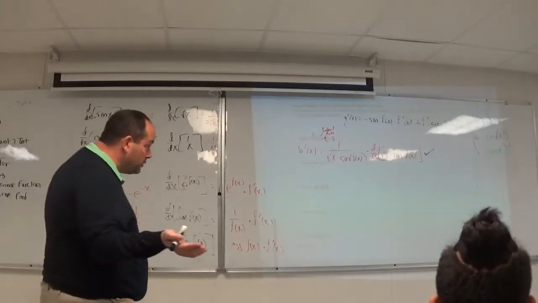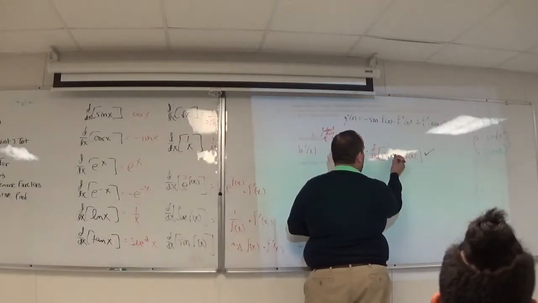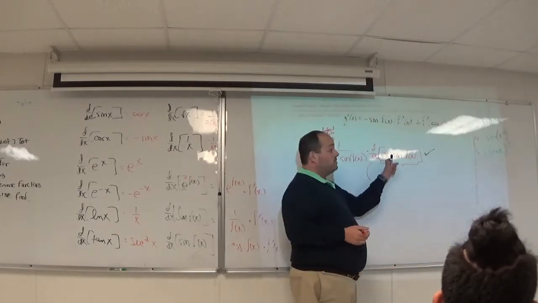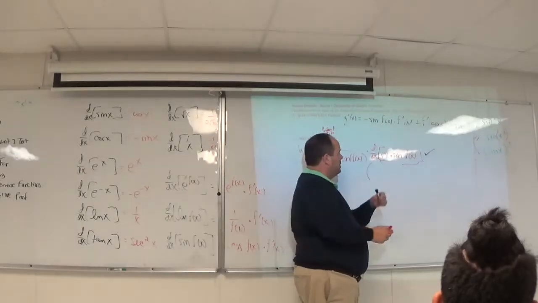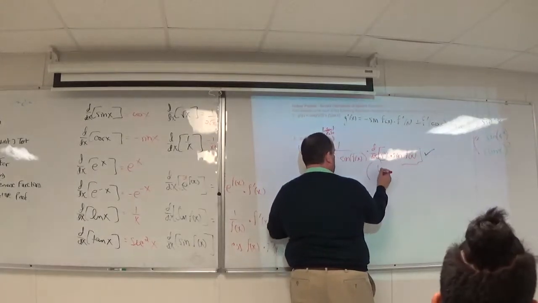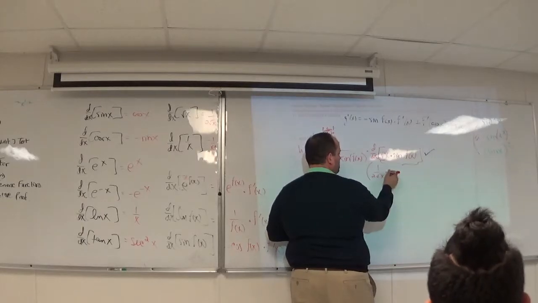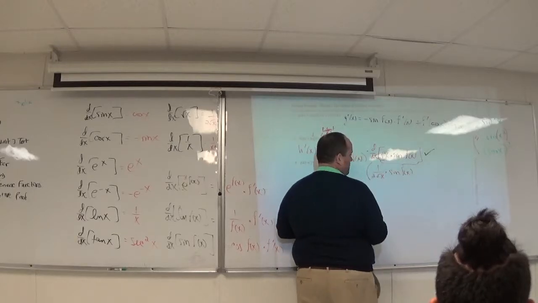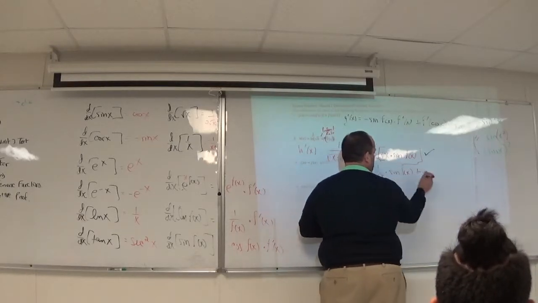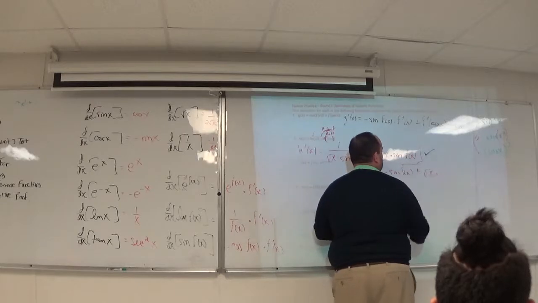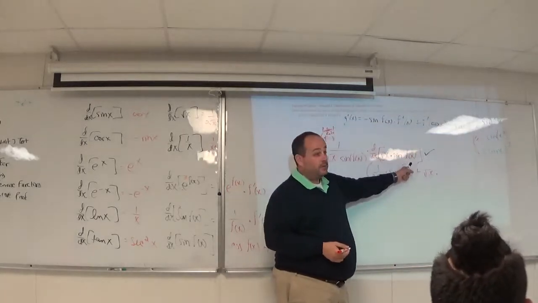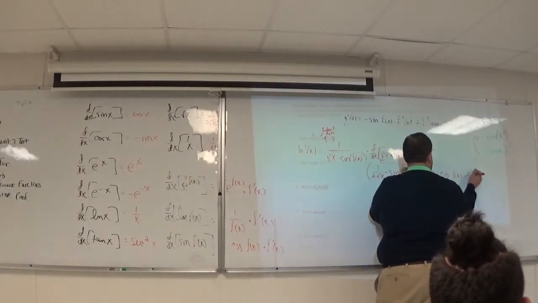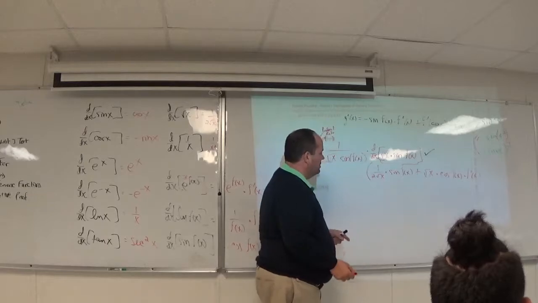Are we done? Of course not. Now you got to come back and I need to hear some product rule stuff here. Product rule says derivative of the first part, that's easy: 1 over 2 square root of x, times leave that guy alone, plus leave the first one alone times the derivative of the second part, which is cosine of f of x times f prime of x.